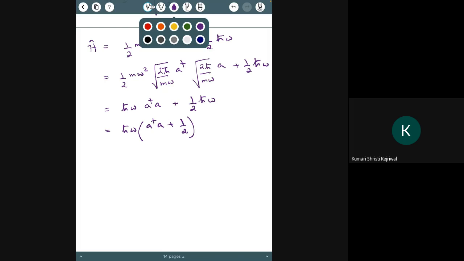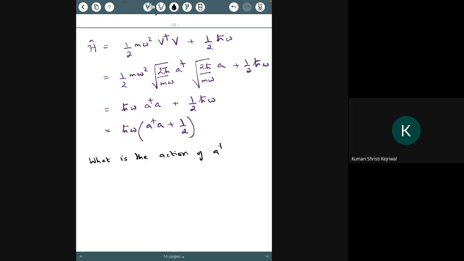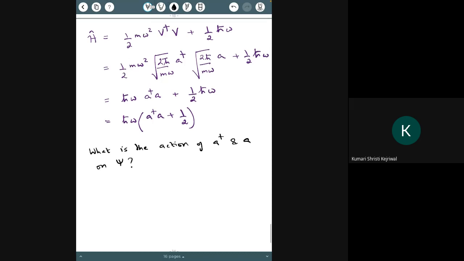So let's see. What is the action of a dagger and a on psi? That is our question. We do it with the Hamiltonian and we figure out what a psi is.